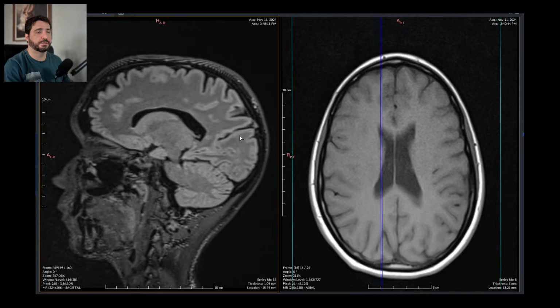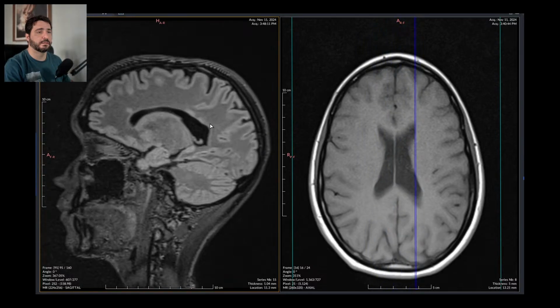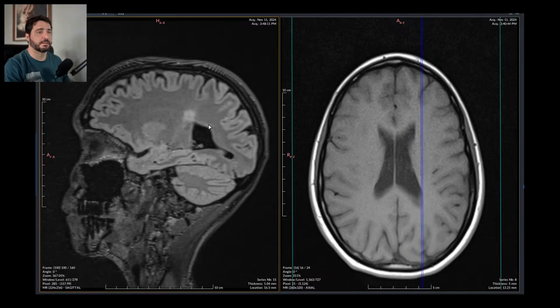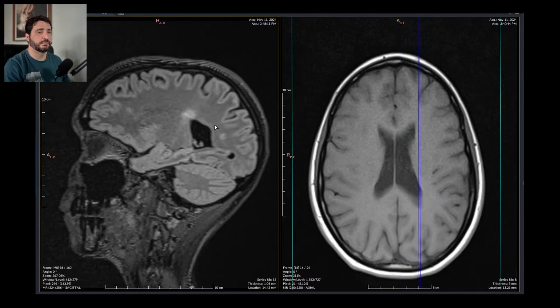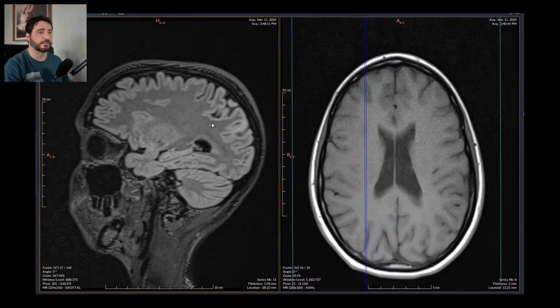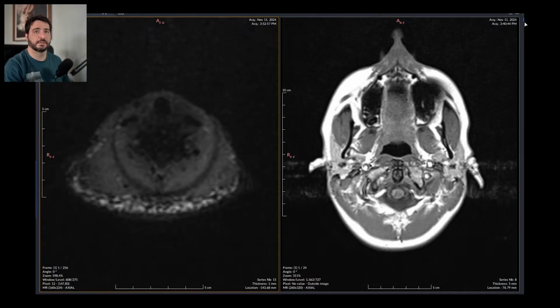Right there on sagittal. This is very typical. See, right there besides the corpus callosum and the margins of the lateral and the third ventricles. Let's just go for an MPR, because this is a volumetric acquisition.